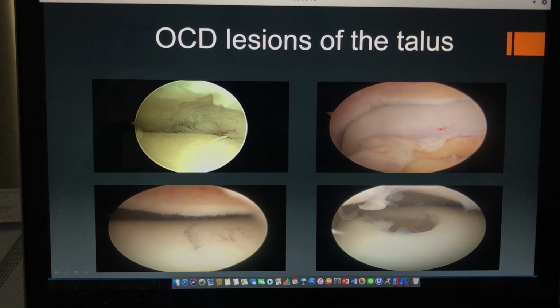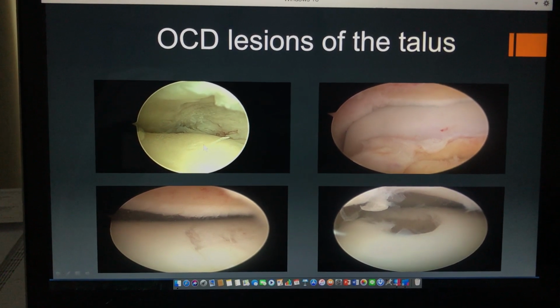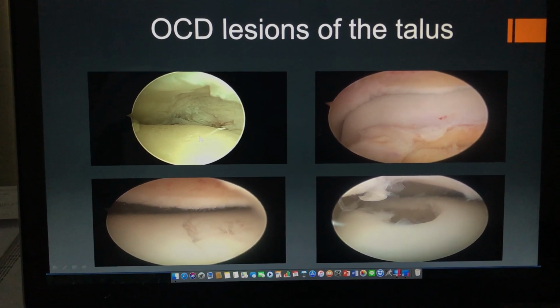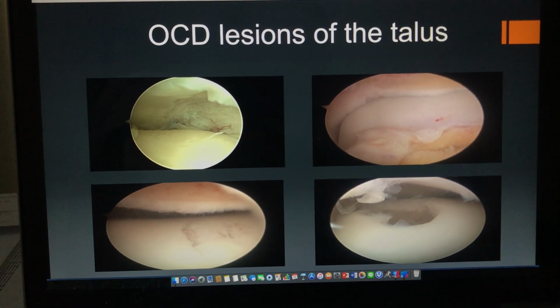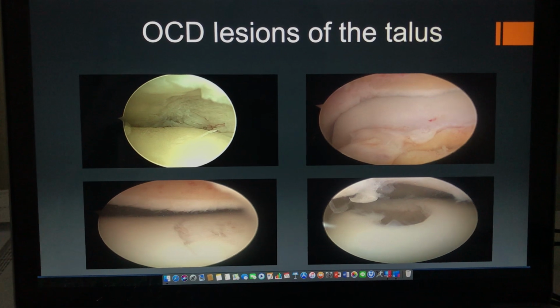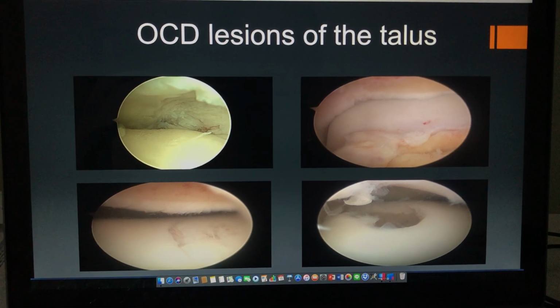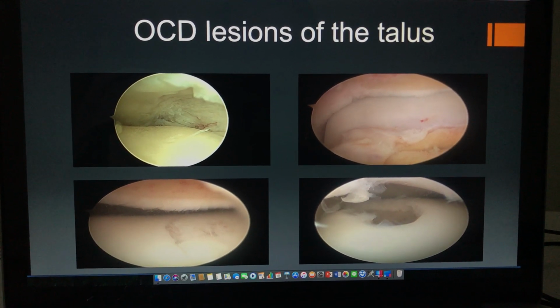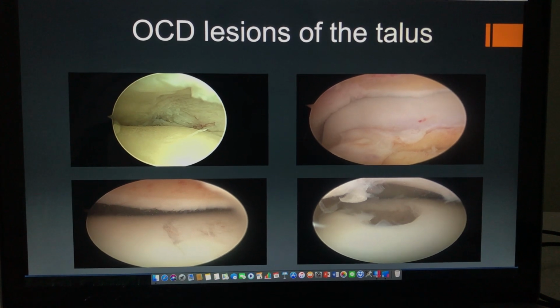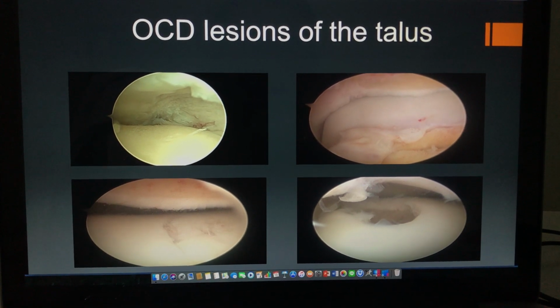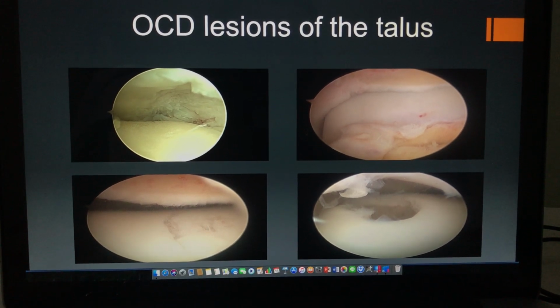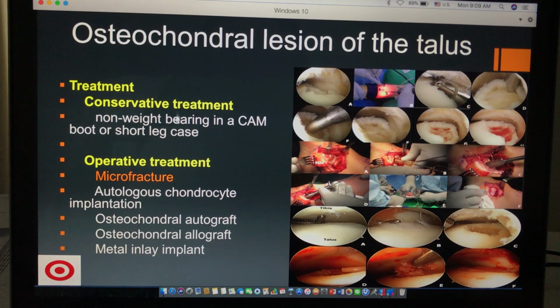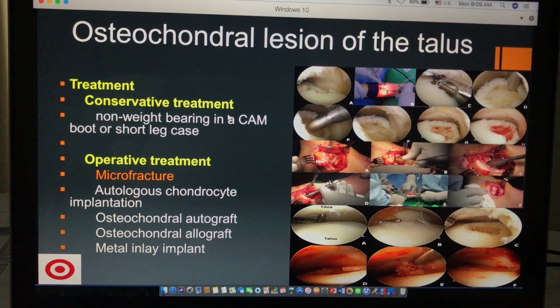If the lesion is small, less than 15 millimeters, you can perform arthroscopic treatment and microfracture. But if the lesion is big, you need another procedure such as an autograft or allograft, or you can use a total talar prosthesis if the lesion involves more than 50% of the talus.